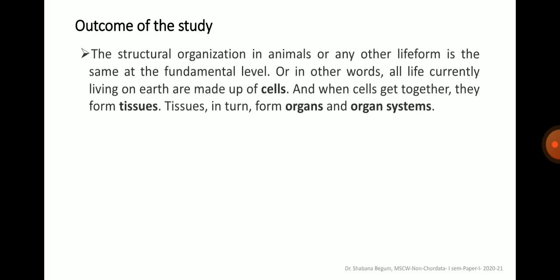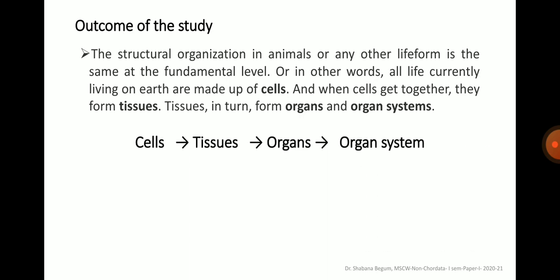So, the outcome of the study is that the structural organization in animals or any other life form is the same at the fundamental level. In other words, all life currently living on earth is made up of cells, and when cells get together they form tissues. Tissues in turn form organs, and organ systems.